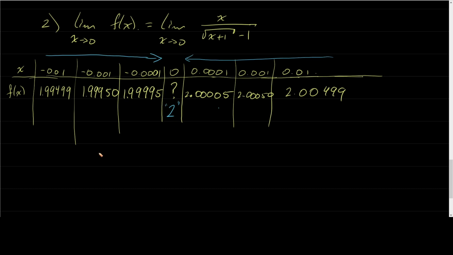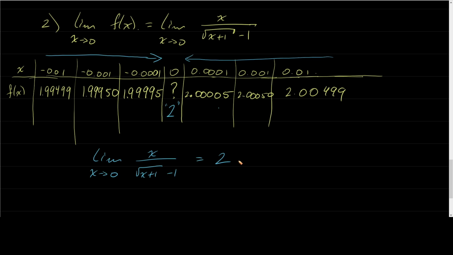So what I can say now is that the limit as x approaches 0 of x over the square root of x plus 1 minus 1 equals 2. All right, so that would be doing that numerically. But I am not going to actually force you to do too many of these. In fact, I probably would not even put it on the test. However, I highly recommend that you do some examples like these from the homework where it pushes you to actually plug in values like this, and it gives you a better sense of how the limits work.